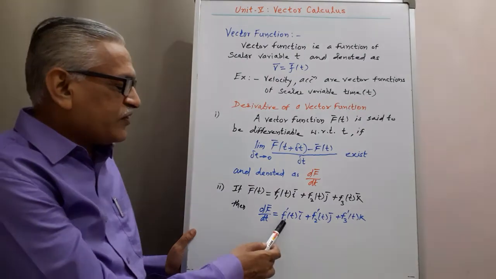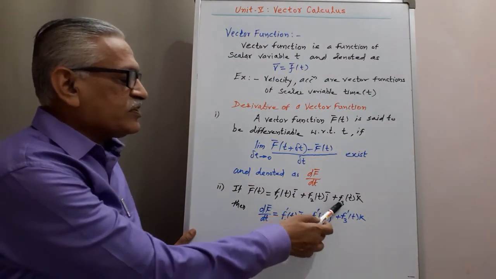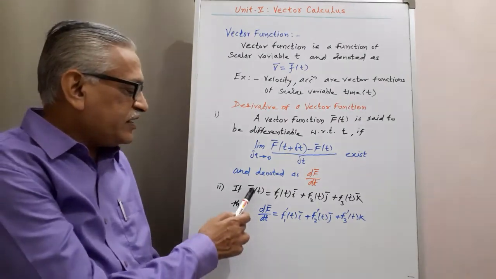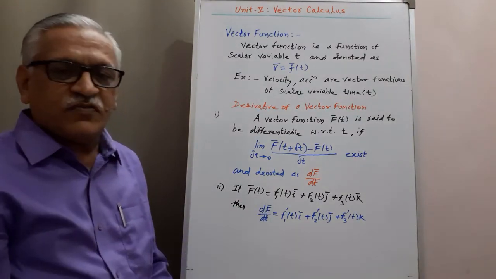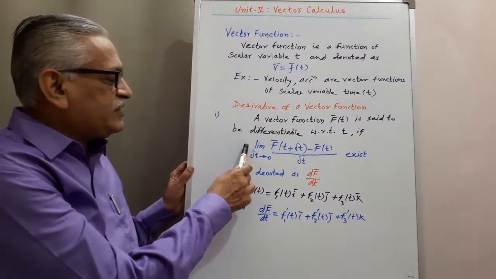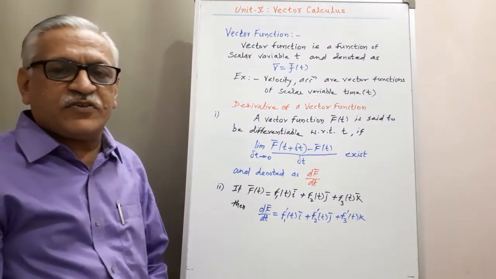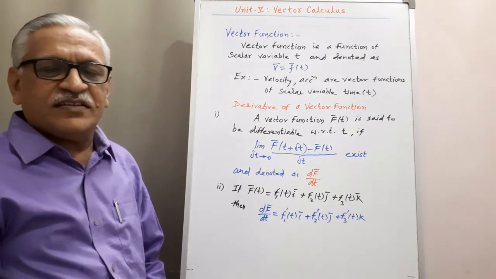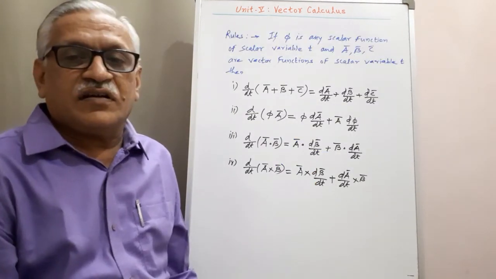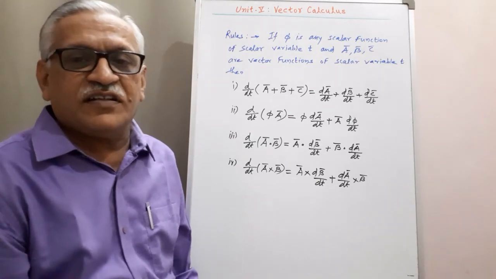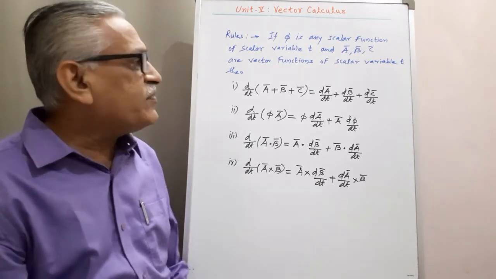By differentiating each component with respect to t, we can obtain the derivative of f bar with respect to t. Either by the definition or by this, we can determine the derivative of the function. And then some important rules. After defining the derivative of a vector function, let us discuss the rules of derivatives.